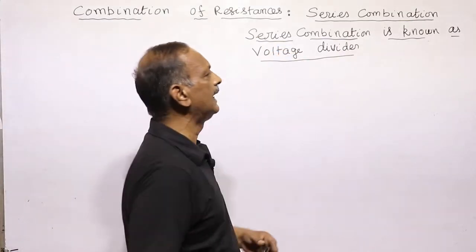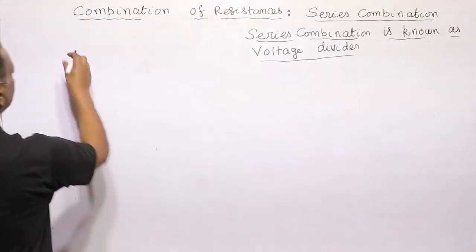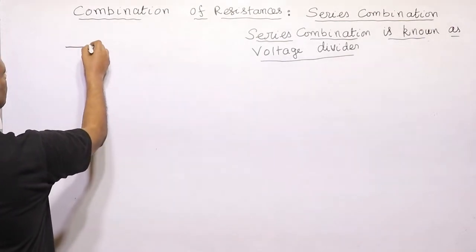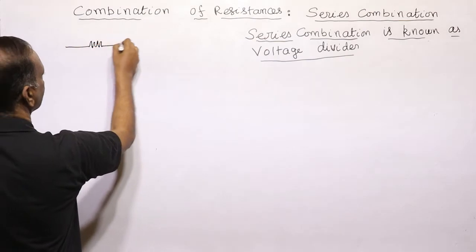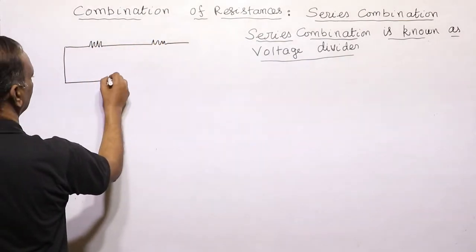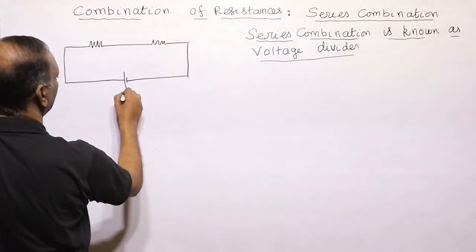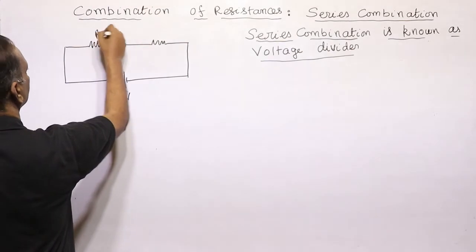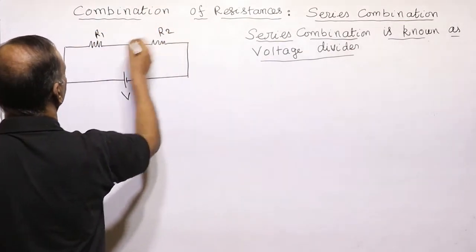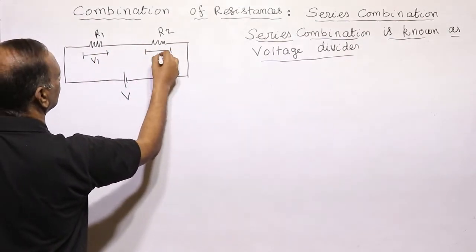Series combination is known as a voltage divider. Suppose we take two resistors and a potential difference is applied, so some voltage V is applied here. This is R1, this is R2, and these are V1 and V2.